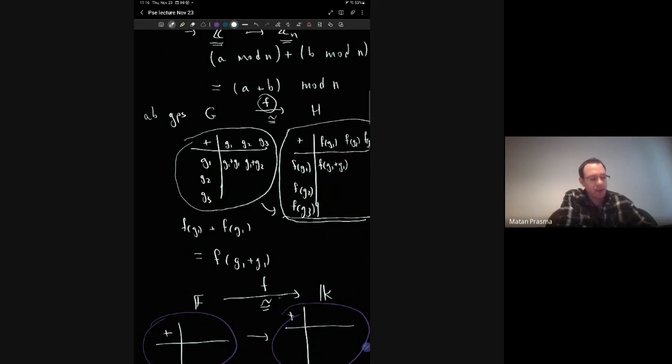I write the addition table of G, and then I apply F on the addition table of G. It means I apply F on all the elements in G, and I apply F on all the cells, right? All the blue cells.